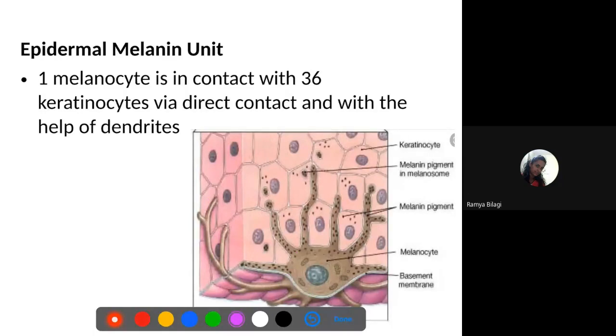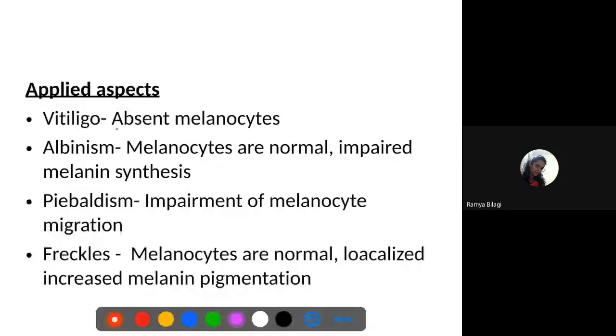Applied aspects. What are the applied aspects related to melanocytes? The first condition is vitiligo, where there is complete absence of melanocytes. What is albinism? Melanocytes are normal in this condition, but melanin synthesis is impaired. What is piebaldism?